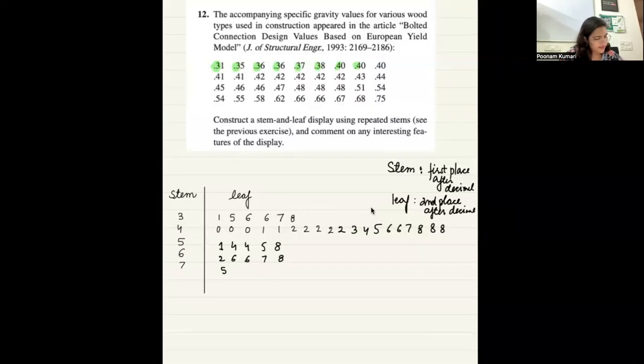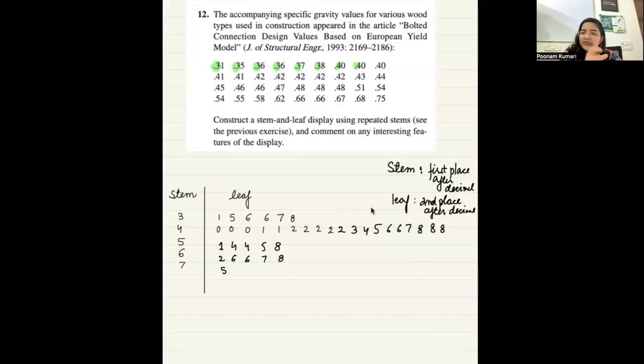Is that all right? Ma'am, in case of, for example, 5.35, we will take it as 535 and then segregate into stem and leaf. So most of the time, whenever you see data that you have to make a stem and leaf for, it will be of a similar pattern. Yes, ma'am.